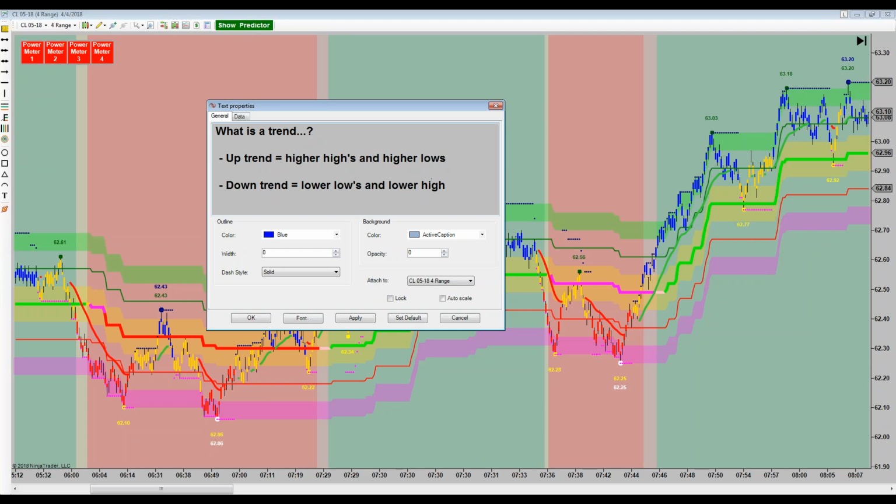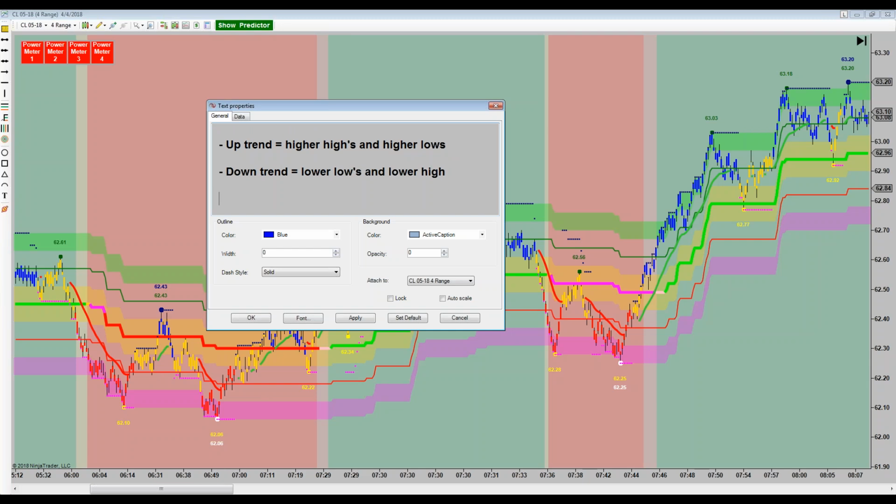Now, there is a third option, which is what? What is the third option? If it's not going up or going down, what else can markets do? Sideways. Good. So there's several terms for this. Sideways.